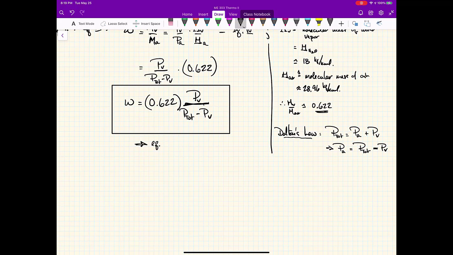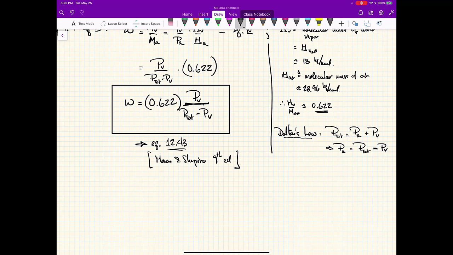And your book really goes through a similar derivation here, and its final result is expressed in equation 12.43, which I reference in my own solution. This is for Moran and Shapiro, 9th edition. Voila, that's the result I really wanted you to highlight and to remember.